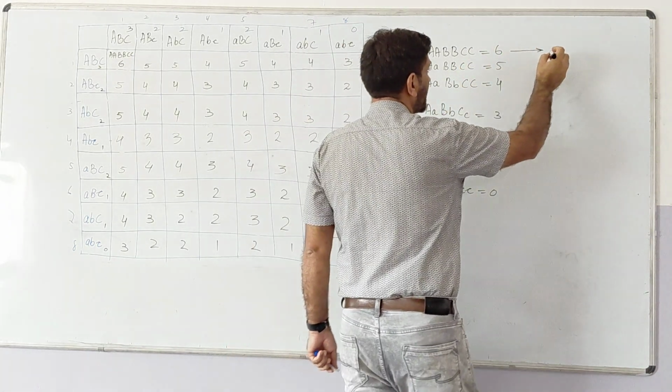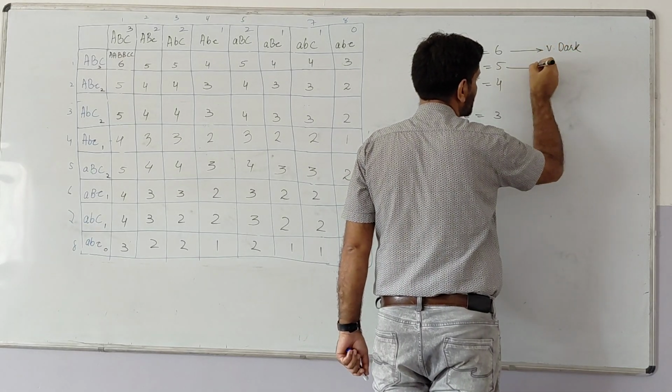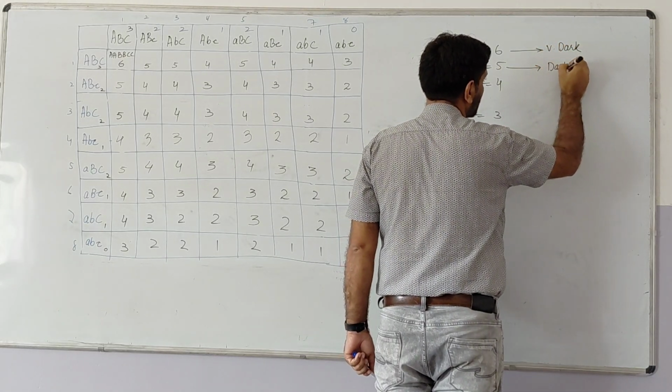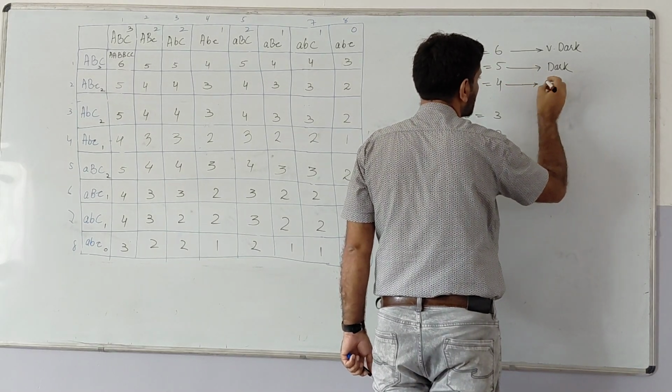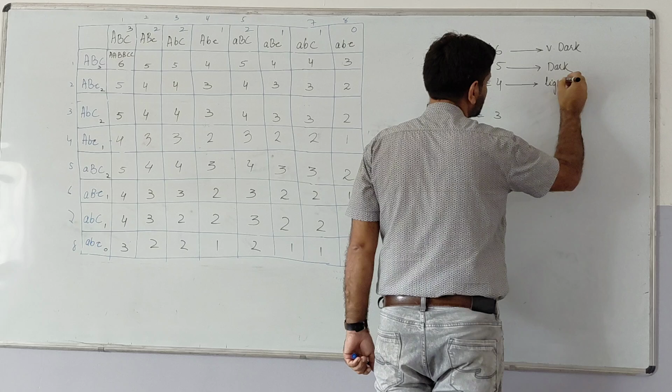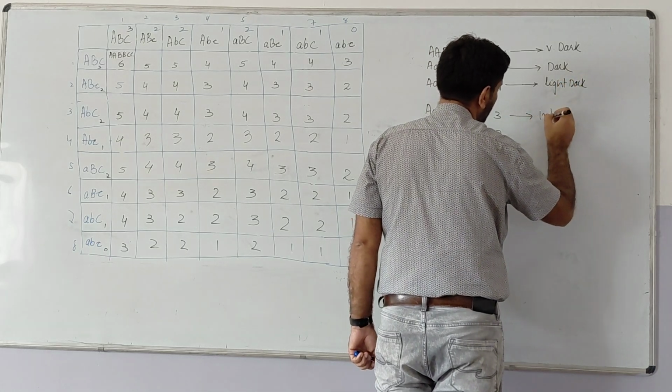This will be called very dark. This is the dark color. This is light dark color. This is intermediate.